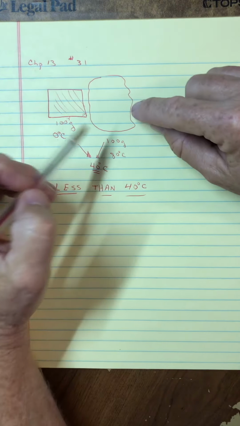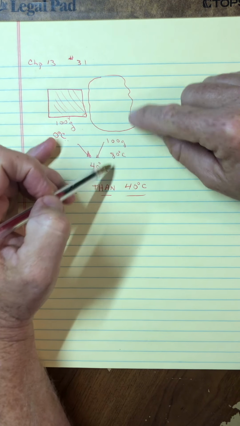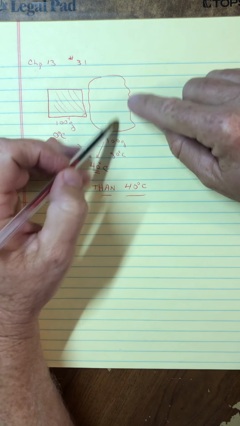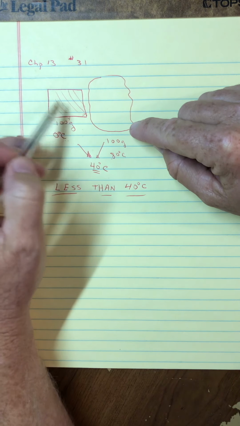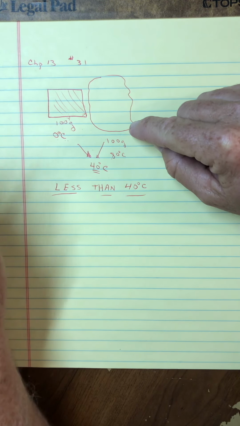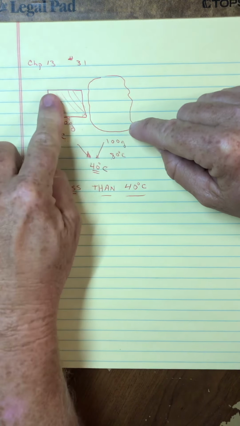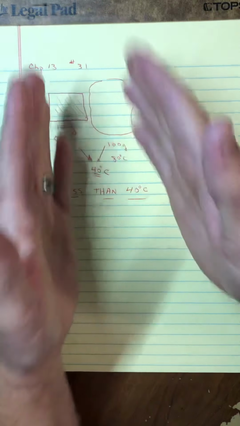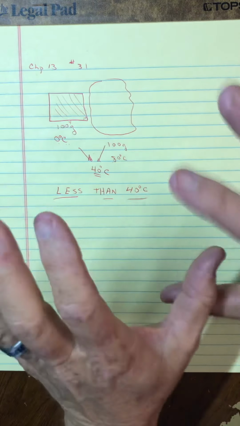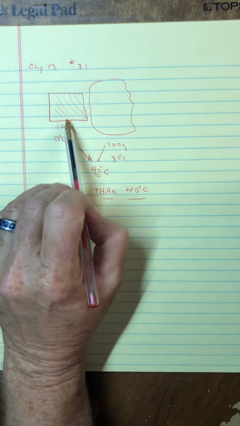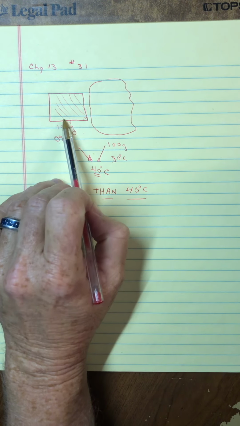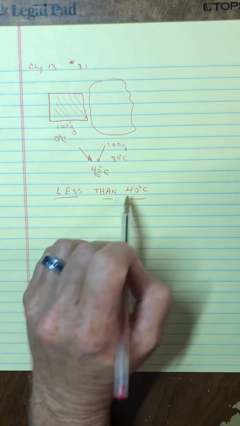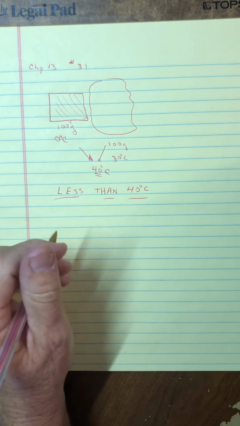Or maybe it would take even more. Maybe instead of cooling down to 60, maybe it cools all the way down to 40 before it melts all this ice. But once you do that, you then have water at 0 degrees, and this is already cooled to 40, so they'd meet in the middle at 20. Okay, so no matter how you cut it, as long as you remember that there is energy needed to break these bonds, there is a latent heat here, you're going to say it's less than 40. And that's enough to answer the question.